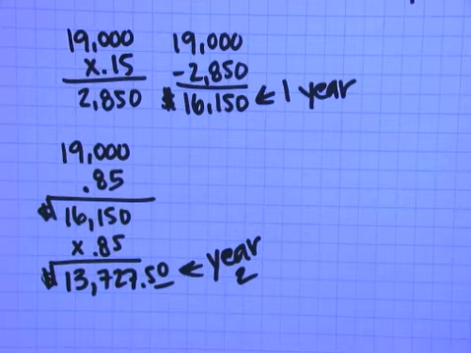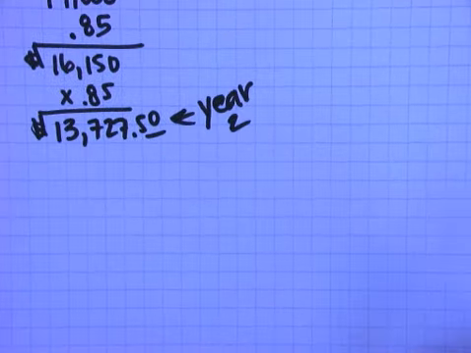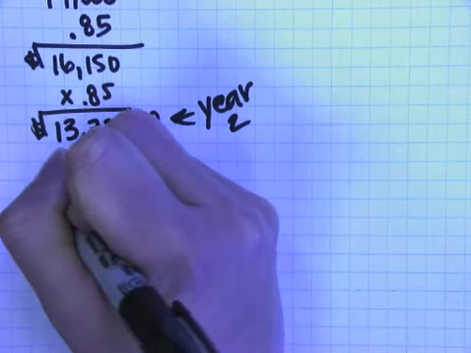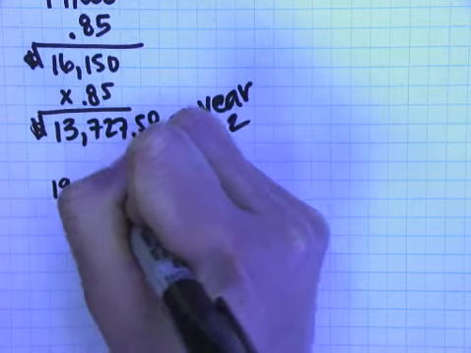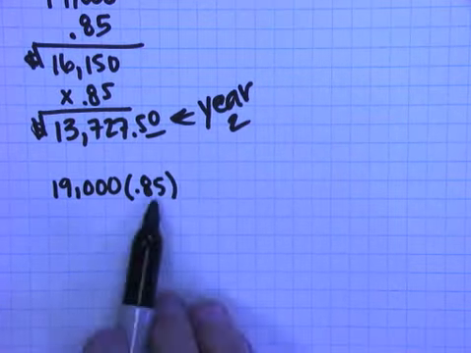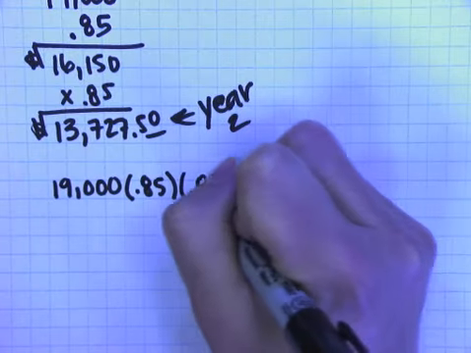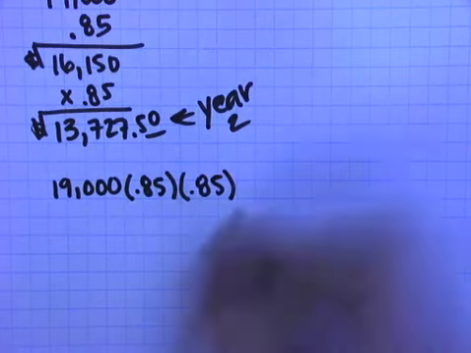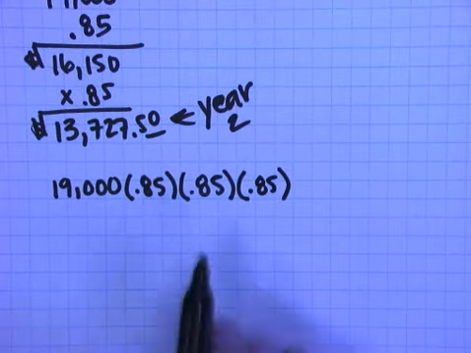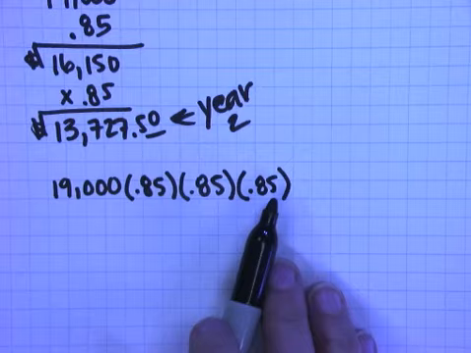Now, in class we also saw, well in some of the classes at least, that you could write an equation by this. Because we're taking the original amount of the car, and after every year we're multiplying by 0.85, so here would be for 1 year, and then we multiply by 0.85 again, there would be for 2 years, multiply by 0.85 again, there would be for 3 years. Since we're multiplying by the same number each time, we could really think of this as an exponent.